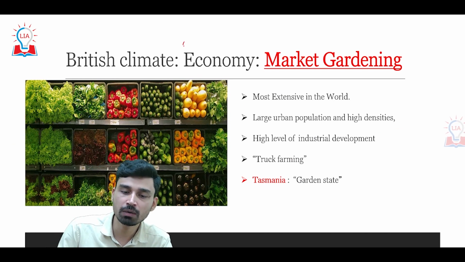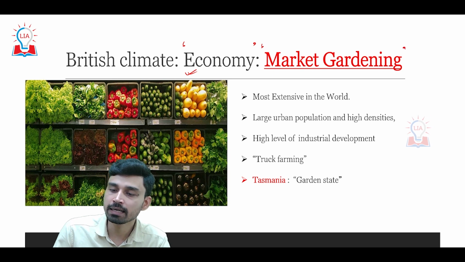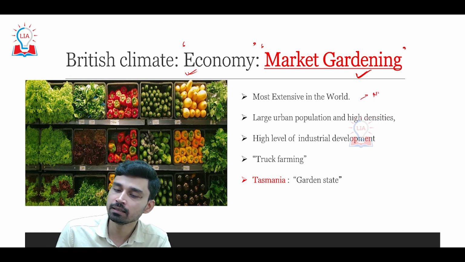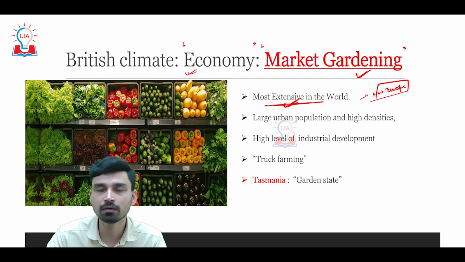Now coming to the economy of British climate, market gardening is one of the most important forms of agriculture practiced here, and it is believed that especially in northwestern Europe, where the British climate exists, market gardening is carried out on the most extensive scale in the world.